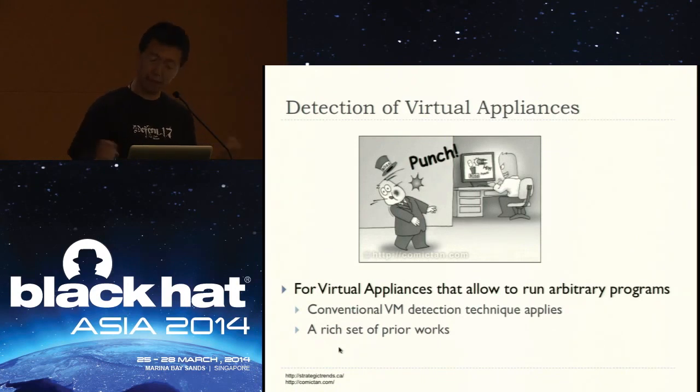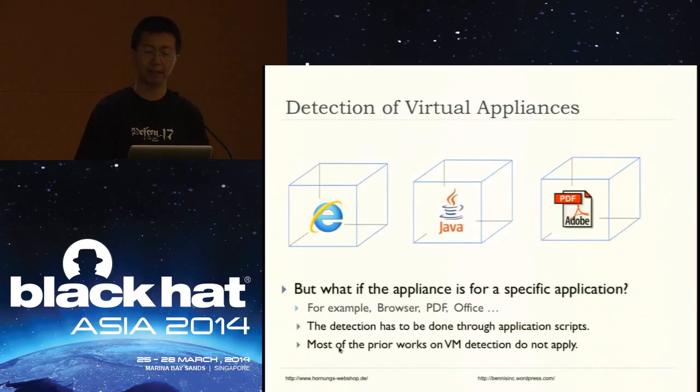But for other types of VM, for example, an appliance that only runs a certain type of application, I have a few pictures here to illustrate. Let's say three kinds of virtual appliance. Each of them only runs one type of application.